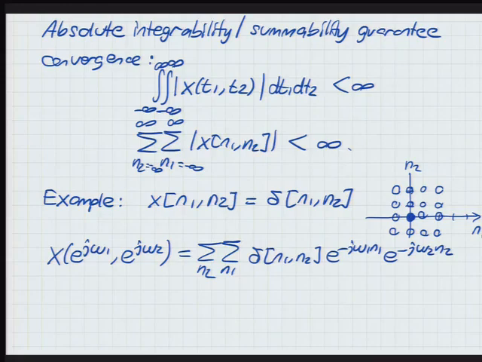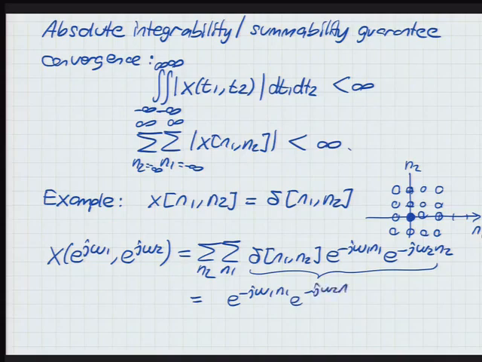So what will come out? That really is the value of what I'm summing at n1 equal to 0 and n2 equal to 0. e to the negative j omega 1 n1, e to the negative j omega 2 n2, when n1 and n2 are both zeros, therefore I get just 1.